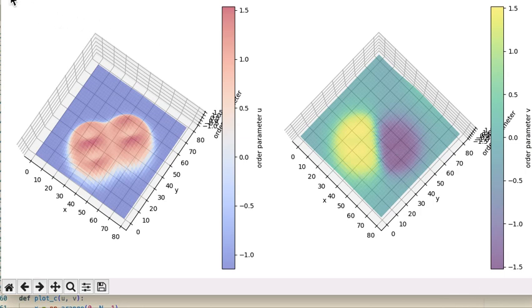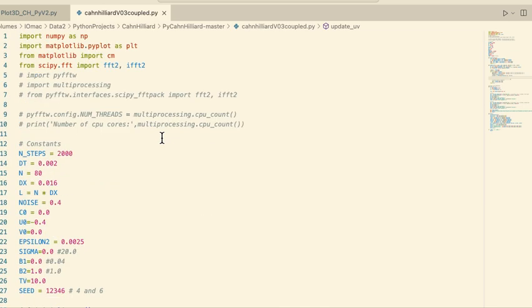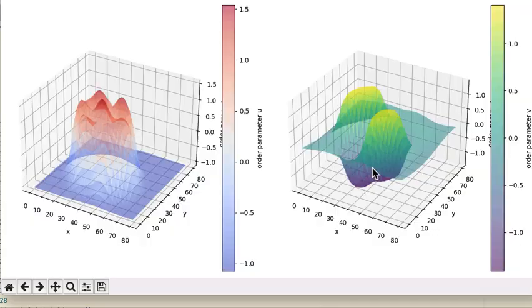If I compute the same thing for a larger value of sigma, then we expect microphase separation inside the particle. I'm going to run this code again with sigma equal to 20. And it takes a couple of seconds. I am running this on a laptop, so this code is quite fast.